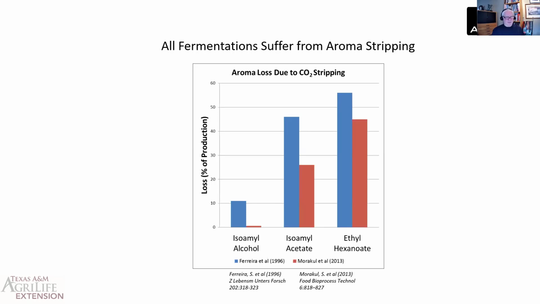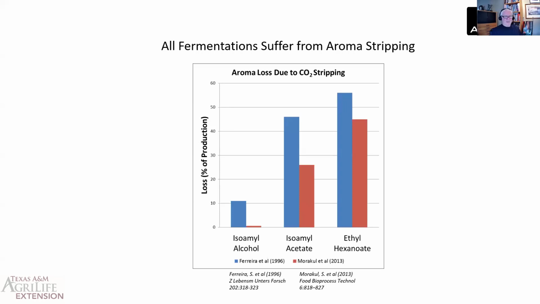Only about 10% was lost in his study. But the esters, both acetate and ethyl esters, had some pretty significant and large losses. So they were up around 50%. So he showed then that the loss of aromas is significant in wine.